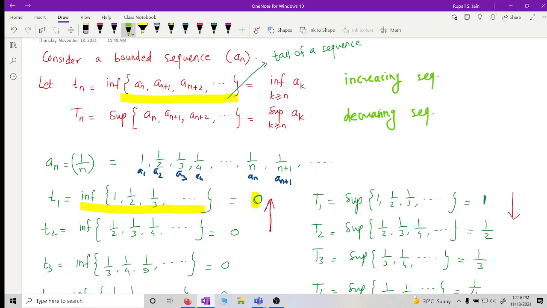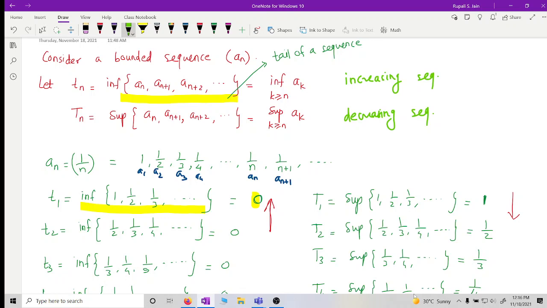Is that okay? For any bounded sequence, if we define small tn equal to infimum taken over k greater than or equal to n of ak, then it is an increasing sequence, and capital Tn is supremum of ak, taken over k greater than or equal to n, then it will be a decreasing sequence.